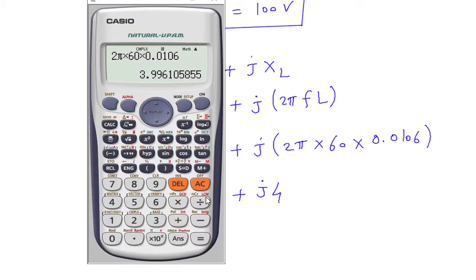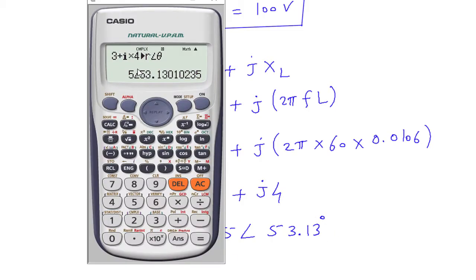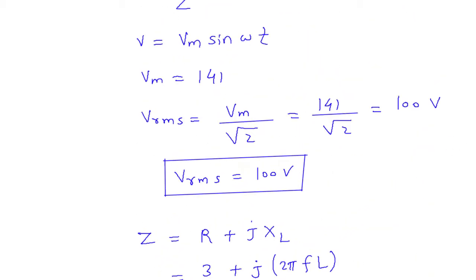In polar form, this will be 3 plus j4, shift to polar, so this will be 5 at an angle of 53.13 degree. Now this is the value of impedance Z in polar form.